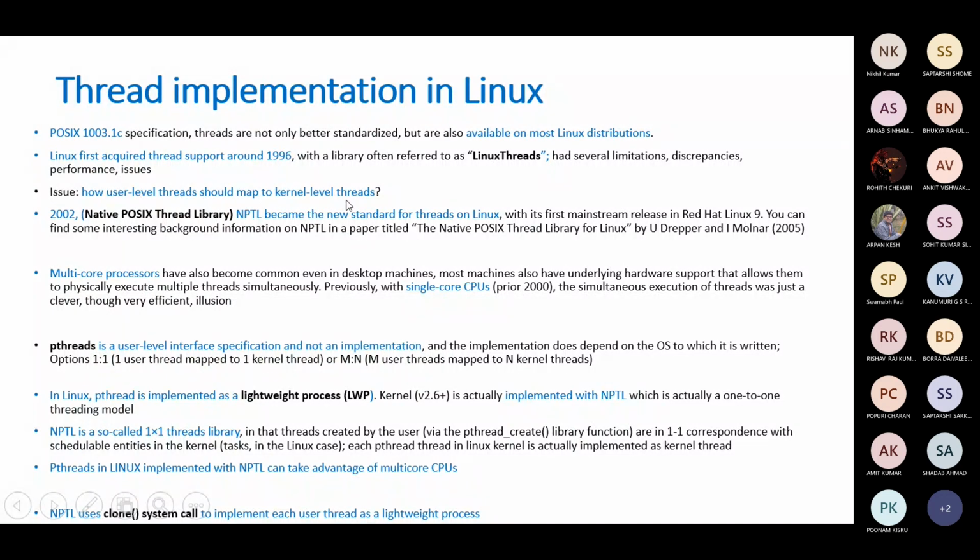In 2002, the Native POSIX Thread Library, NPTL, was implemented, in the line of Linux threads, but overcoming those limitations. And there was a paper published in 2005, The Native POSIX Thread Library for Linux. If you want, you can go through this paper also.